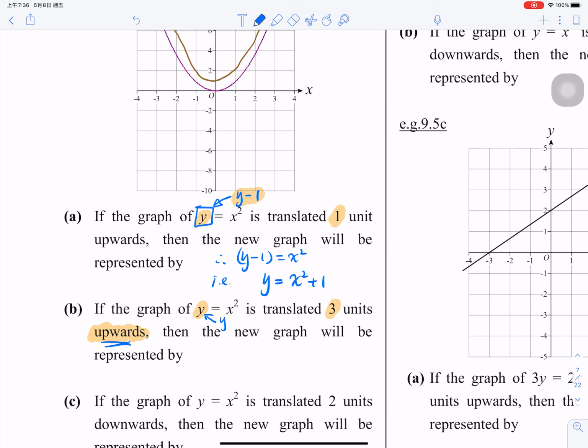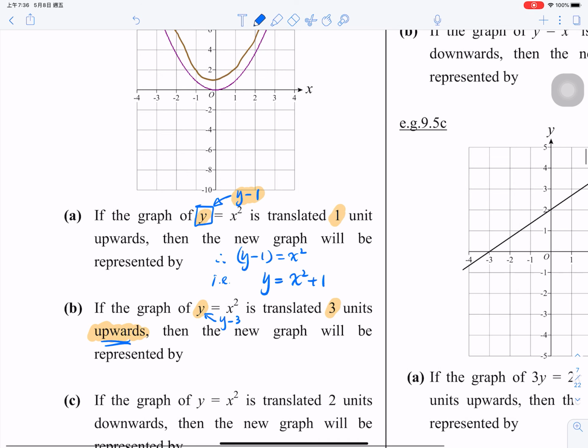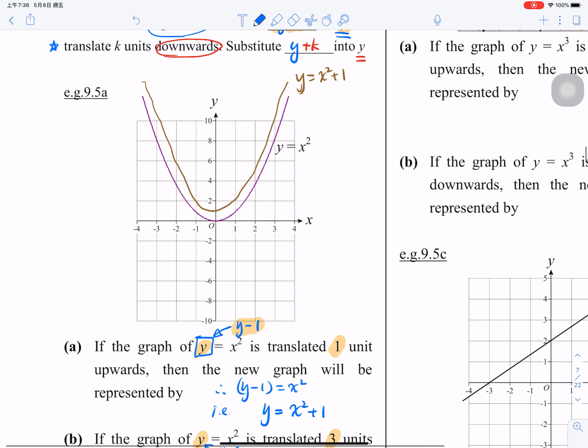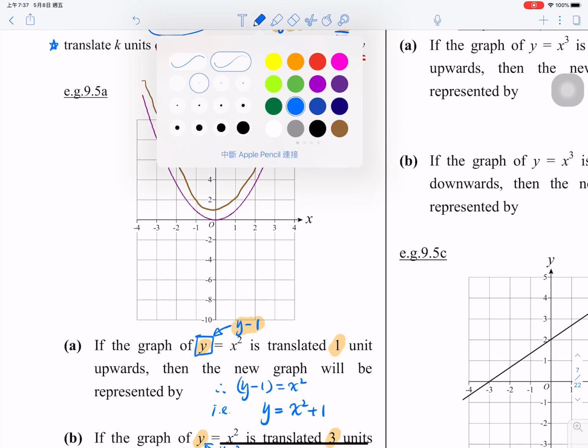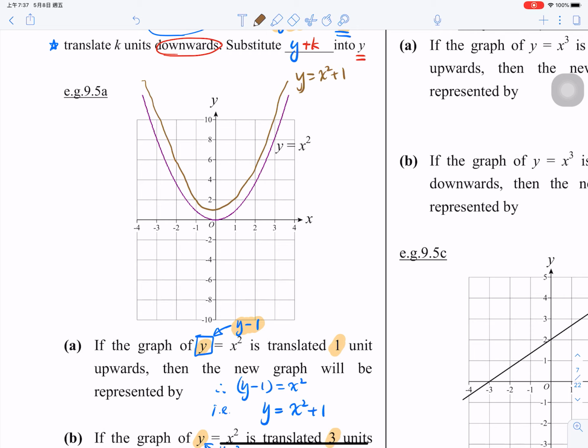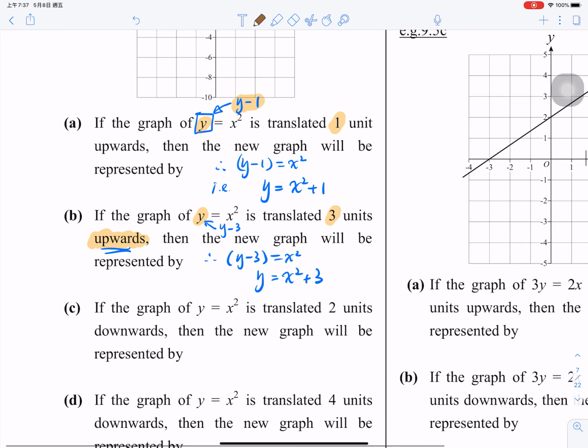So y minus 3 into this. So at the end, y minus 3 equals x squared. Then you get that y equals x squared plus 3. And you see the curve goes upward, right? So that means like this. Right. y equals x squared plus 3. Goes upward 3 units. See?